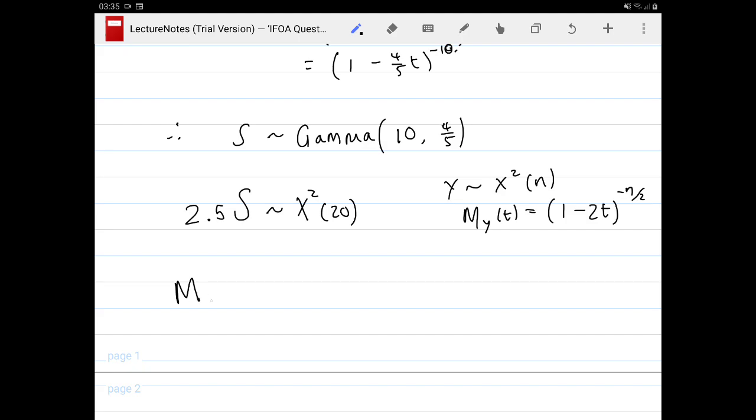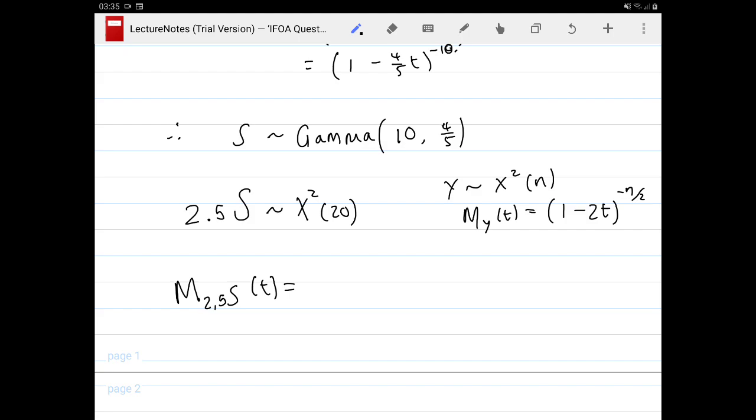So we say the MGF of 2.5S as a function of t. Now we're using the definition of MGFs, because we don't really have a sum, so we can't use the trick that the MGF of a sum of independent random variables is the product of the MGFs.